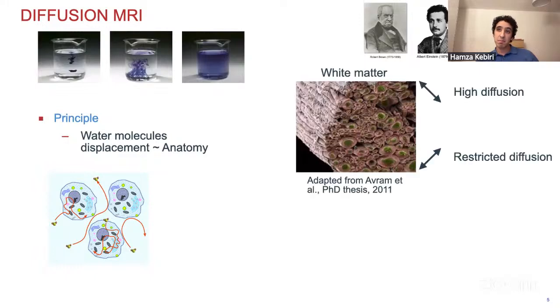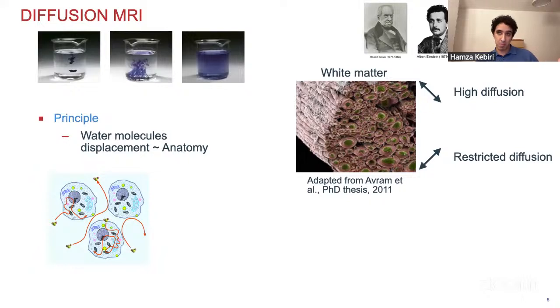So the idea is that if we try to extract the information along some directions, for instance, here we will have a high diffusion of the water molecules in this direction, meaning that we will have less signal. And in this opposite direction, we will have a restricted diffusion. So the water molecules will not diffuse enough. So we will have a different kind of signal between these two extreme cases.